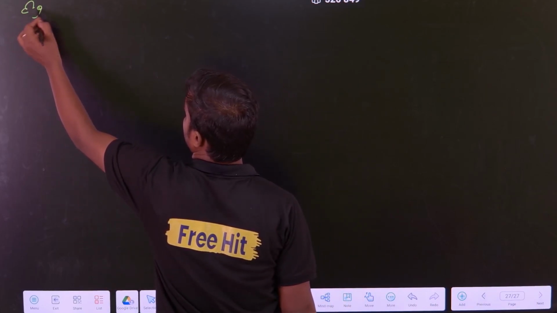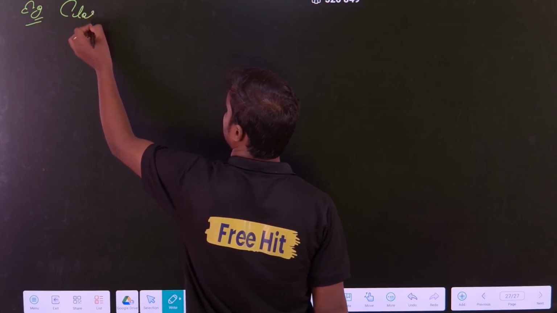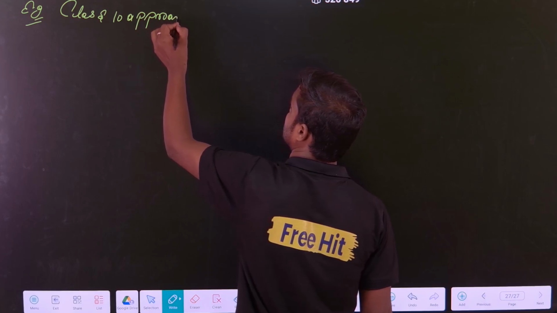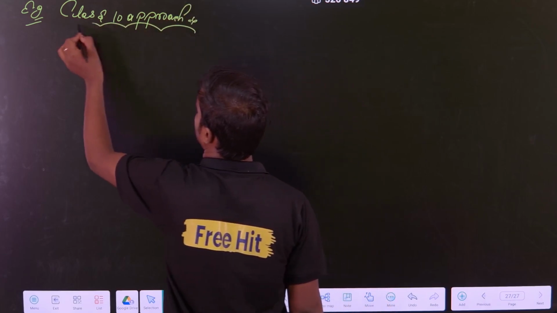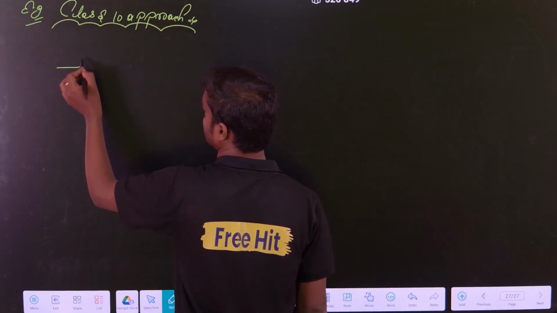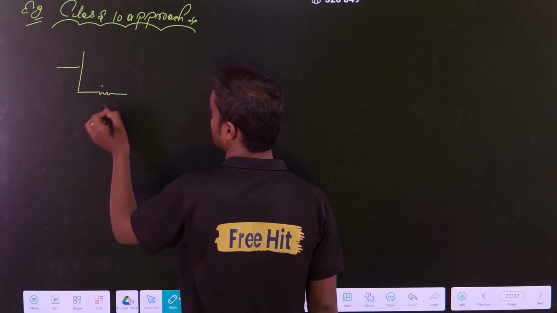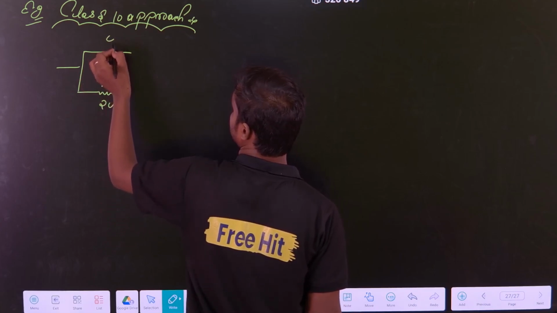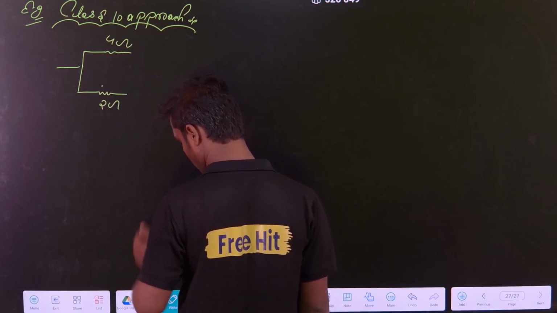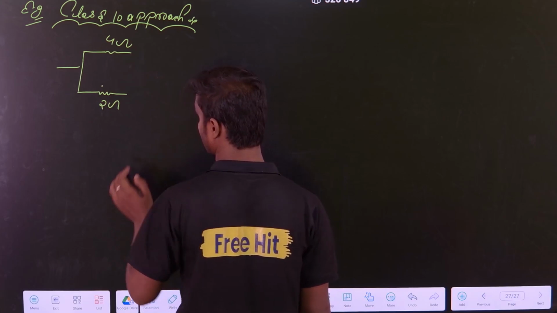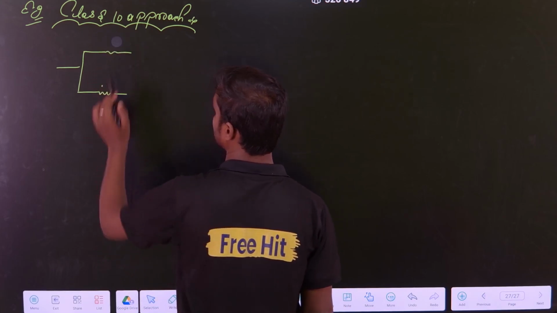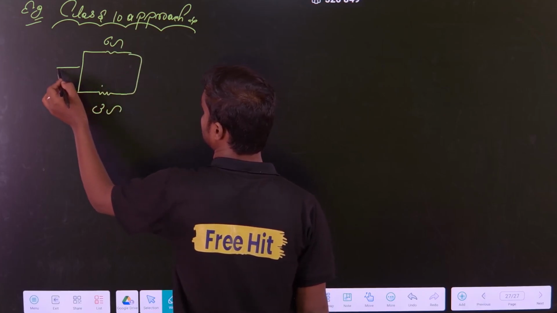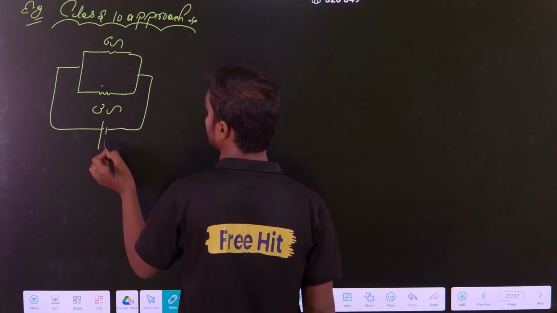Example, the class 10th approach. What is the class 10th approach? Suppose this is 6 ohm and 3 ohm, connected together to a 2 volt battery.